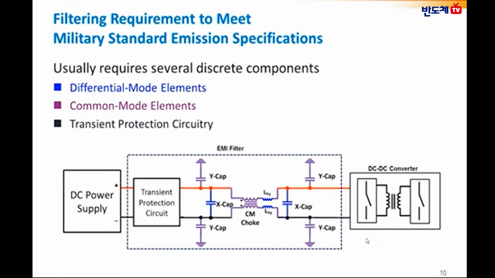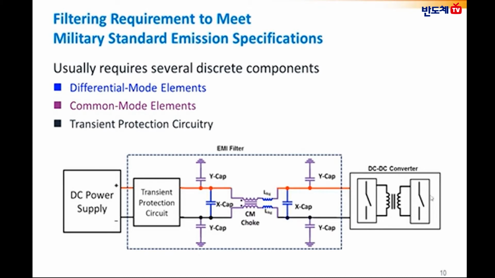And, to meet the MIL standard requirements specified in the previous slides, an EMI input filter is required in front of a DC to DC converter, whereas the EMI input filter typically consists of several discrete filtering components and transient protection circuitry, which is shown in the dotted line.